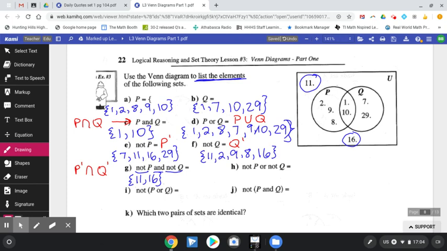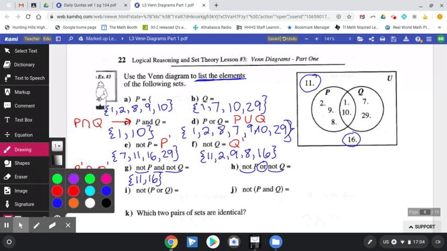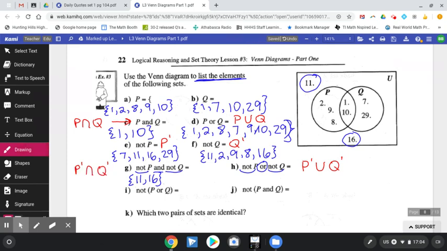And then this time we've got not P or, so union, not Q. If I was doing this with symbols, not P is complement of P, or is union, not Q is complement of Q. And with union, the easiest way to figure out where you're looking or where you're shading is to remember you're adding those two sections together.